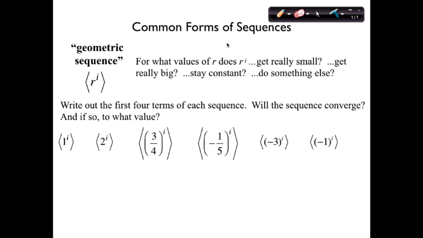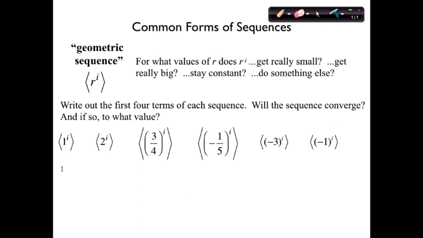Got them? All right, ready, go. Do the math, then compare and contrast and talk and figure it out.